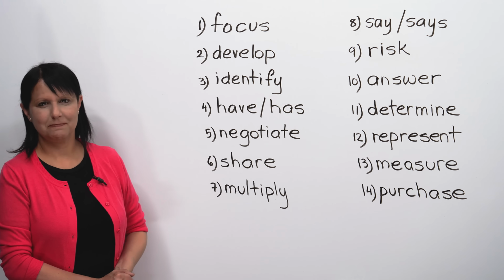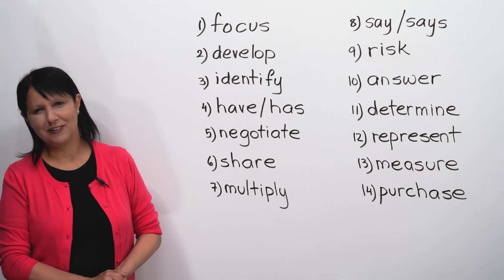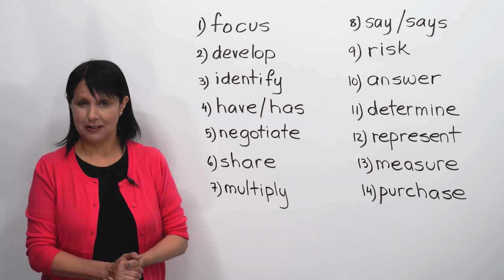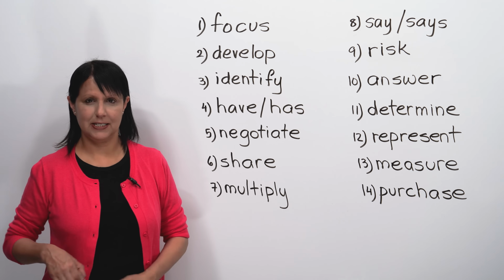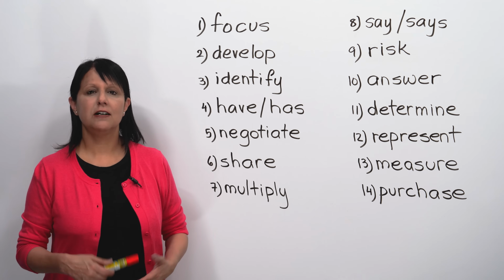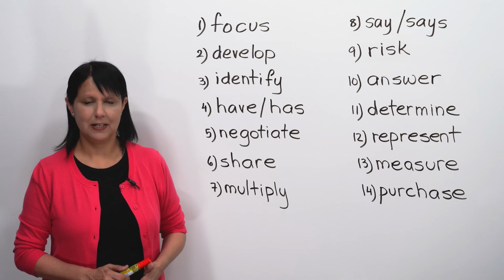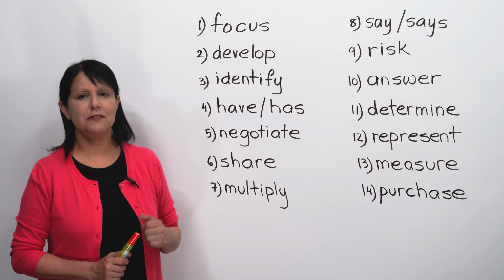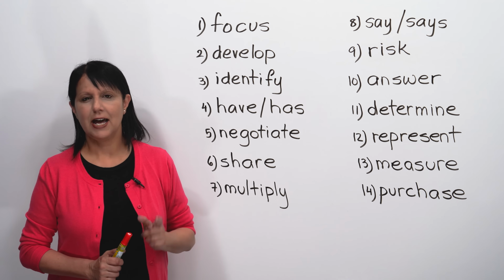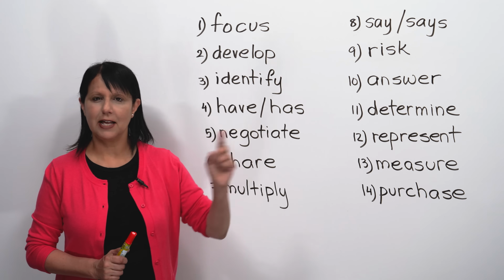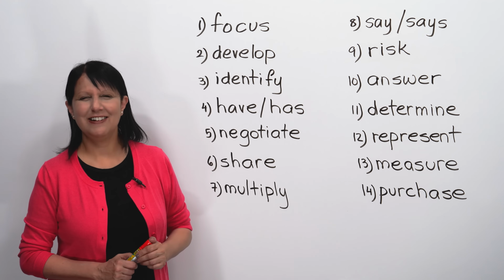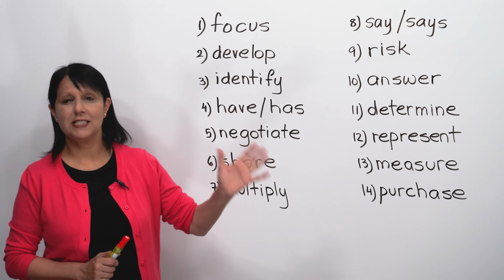The first word, very important word, okay? This verb should be pronounced focus. Say it after me, focus. Now, why am I saying this is a very important word? Because if you mispronounce this word, actually it can sound a little bit like that F word, which we don't want to talk about right now, but it can sound a little bit obscene.